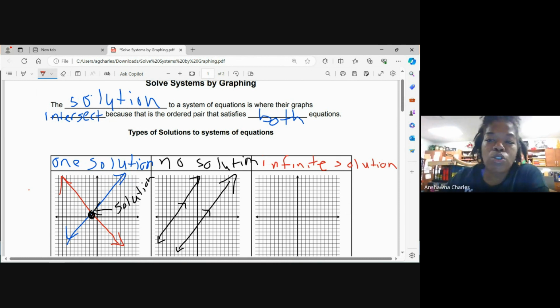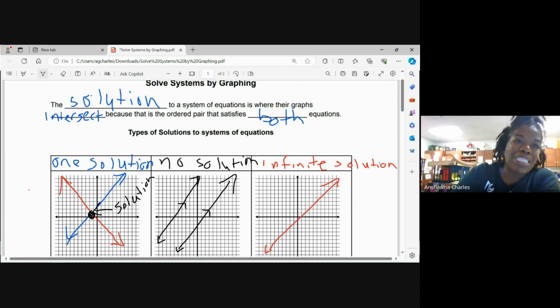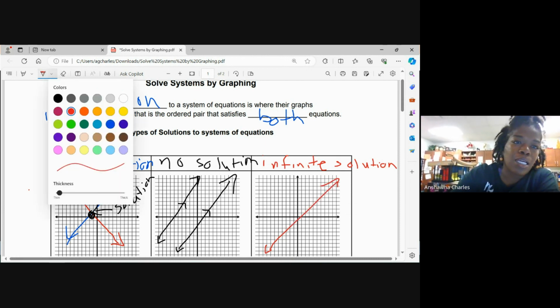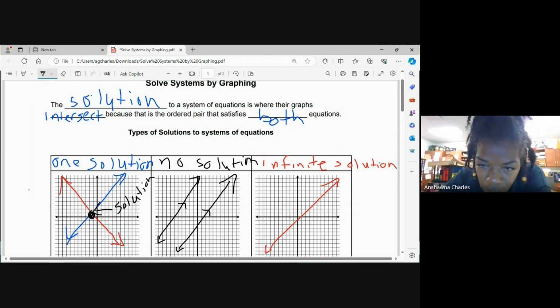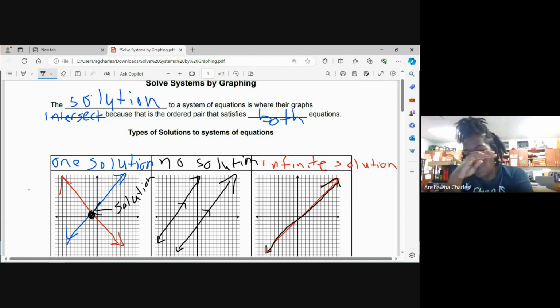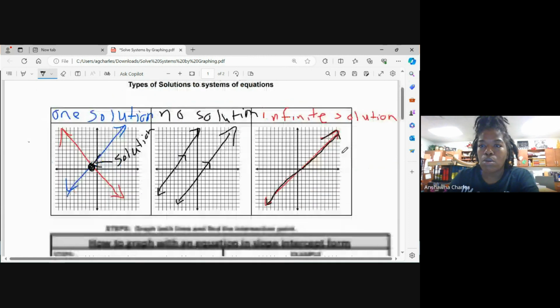So infinite solutions means I have one line, and then when I graph the second line, it's going to be right on top of the first line. So it keeps intersecting the whole time. Okay, so that means I'm going to have infinite solutions. You can pause there if you need to finish copying that down.